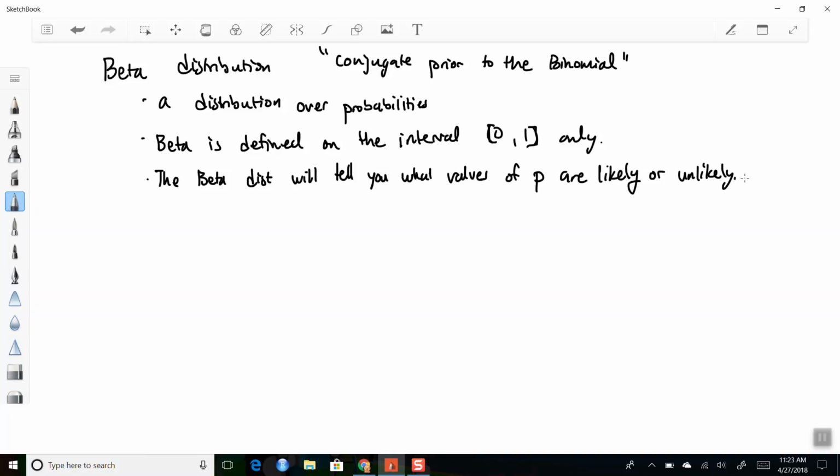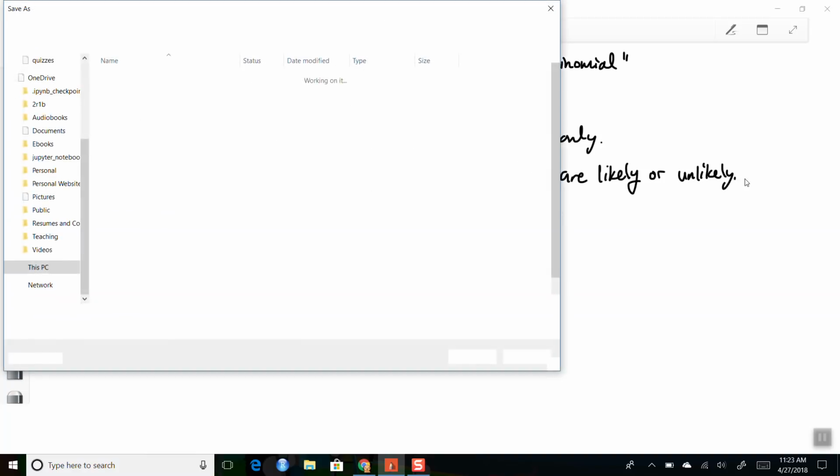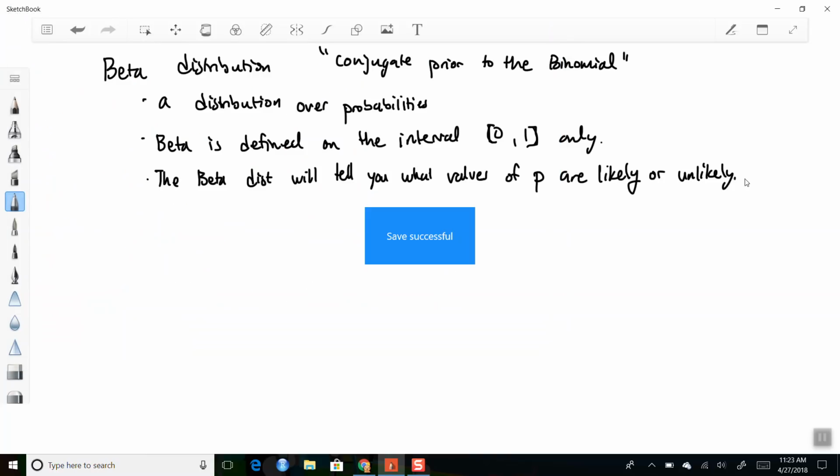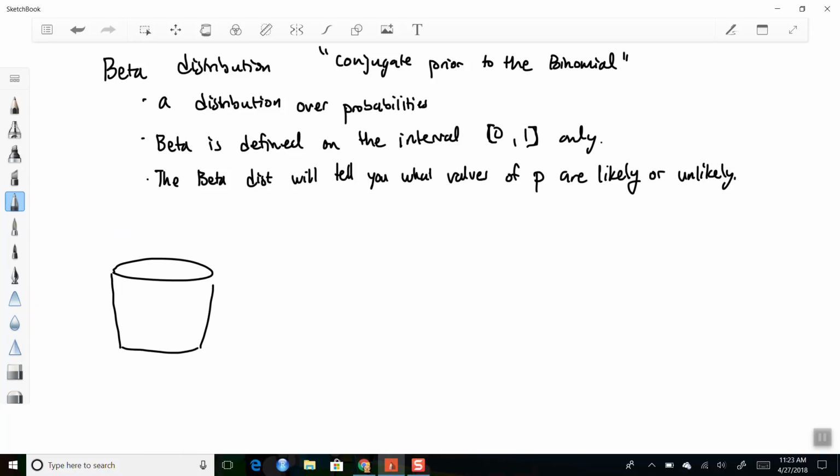Okay, all right, so I'm going to do this silly example to illustrate what we're talking about here. Let's say I've got this bucket here, and your friend has a bag of, I don't know, holiday M&Ms, so there's only red and green.